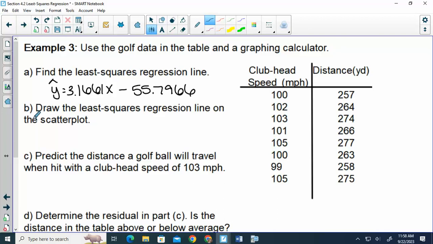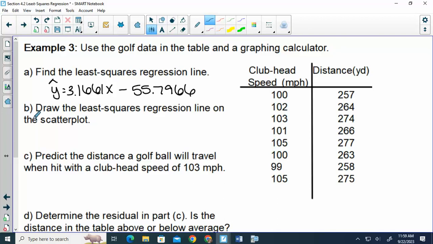If you go to zoom number 9, it will zoom to where your data is at. Yep, so that's a scatter plot. And then go zoom number 9. So zoom stat.